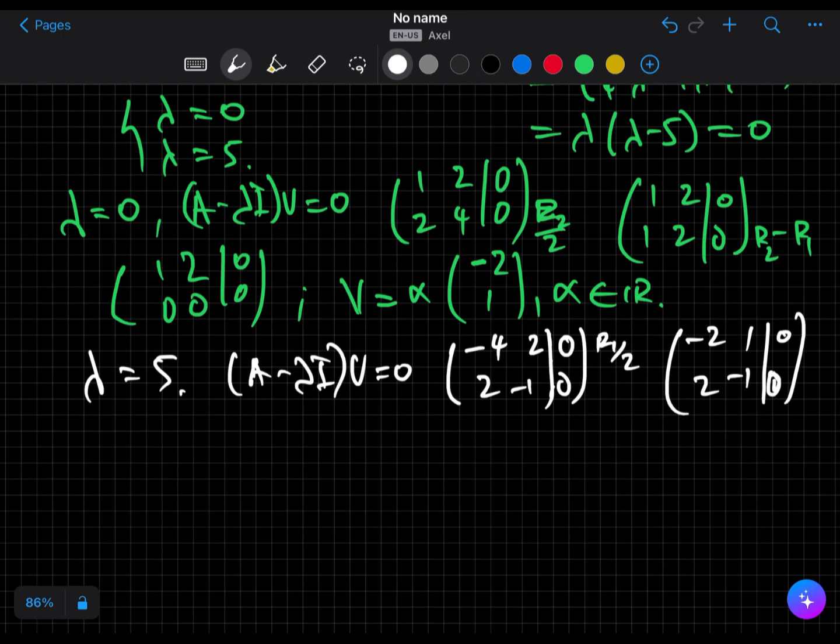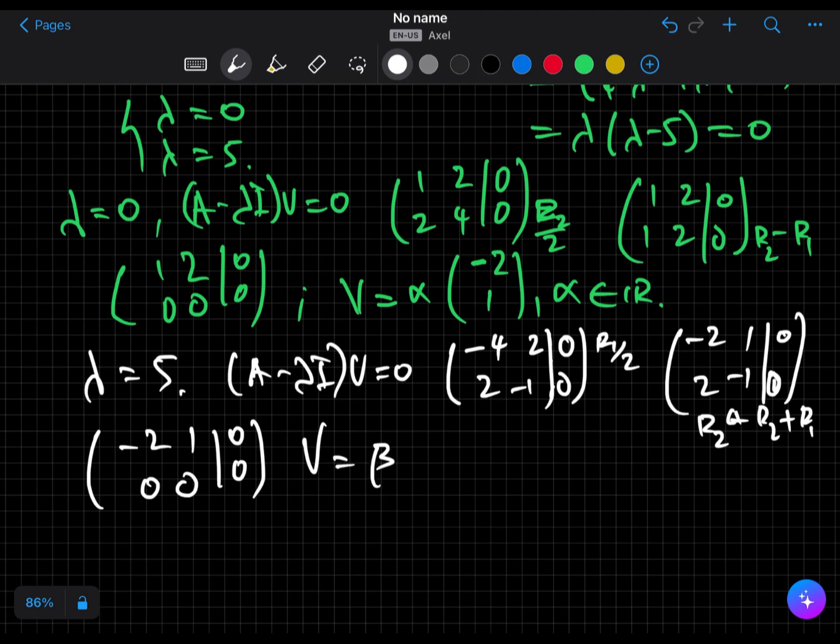So I can simply do R2 equals to R2 plus R1. So this will give me minus 2, 1, 0, 0. From here we can easily see that the second vector, I can put a beta value here, will be (1, 2) with beta belonging to R.